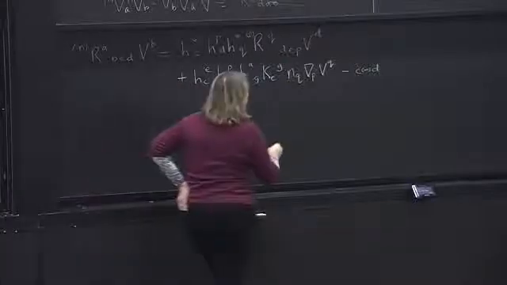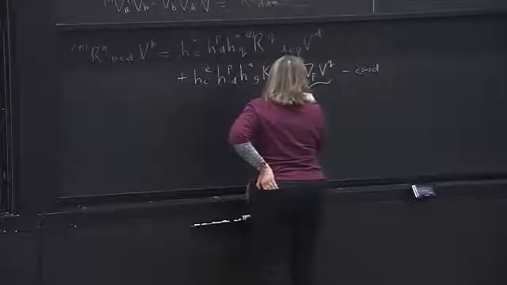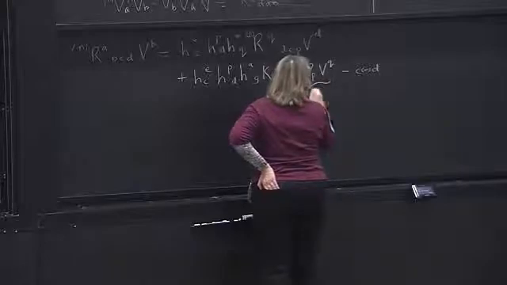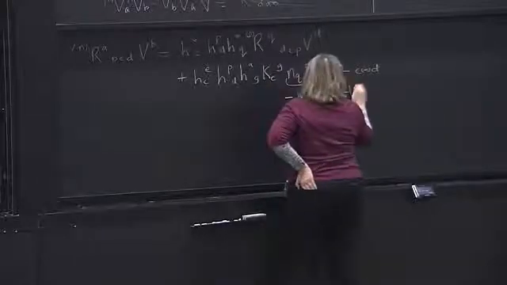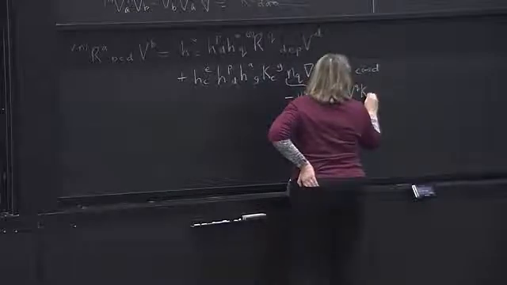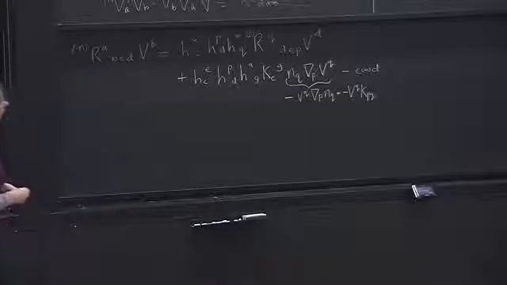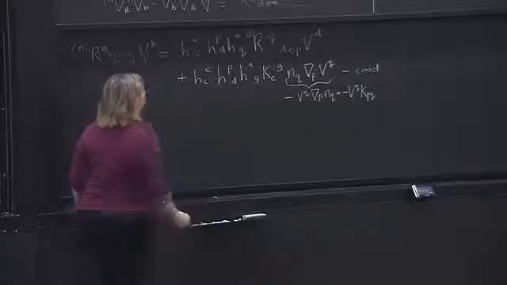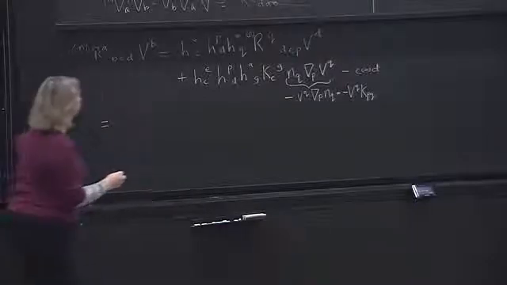But now, because N and V are orthogonal, I can say that this is minus VQ grad P NQ, which is minus VQ K PQ. So, relabeling various indices.